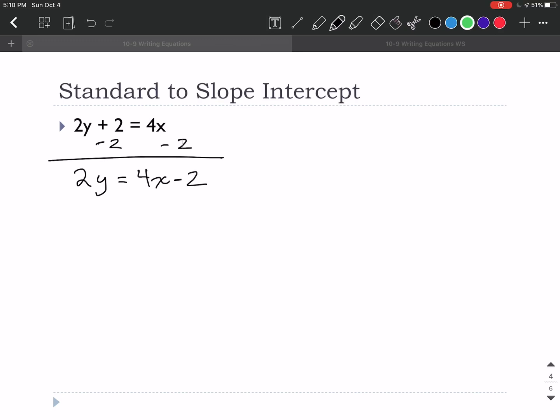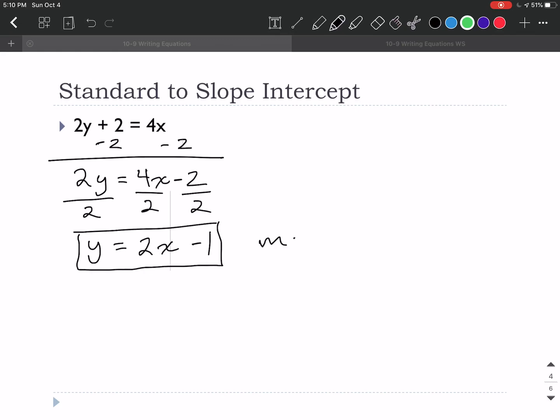And then lastly, to get y by itself, we'll just divide everything by 2. So I now have y equals 4 divided by 2 is 2x, and then negative 2 divided by 2 is negative 1. And so now again, my m would equal 2. My y-intercept is negative 1.